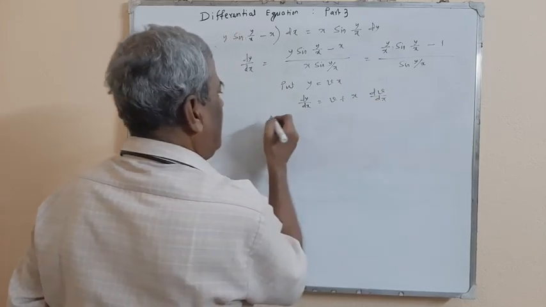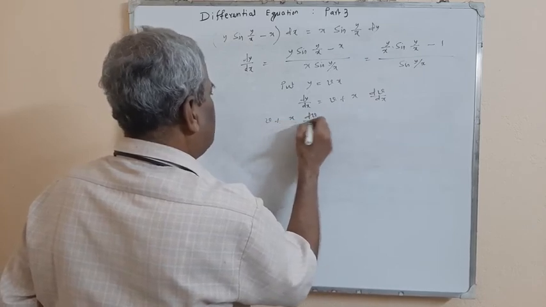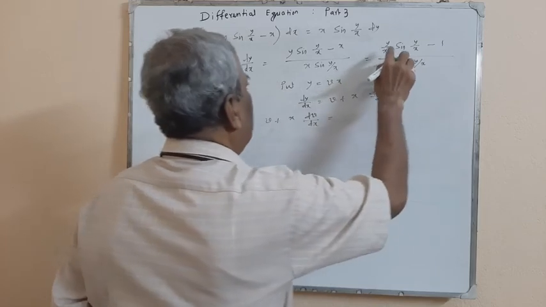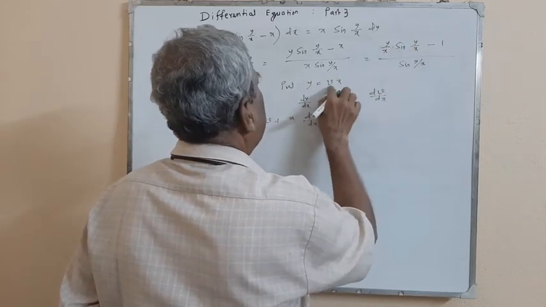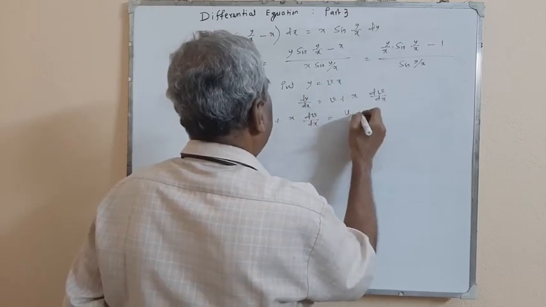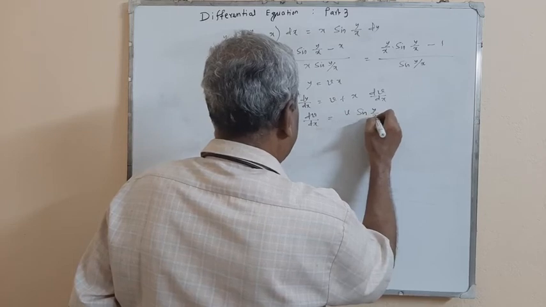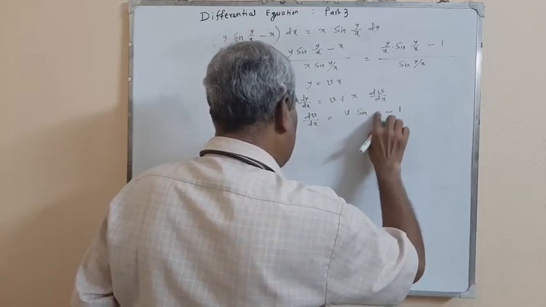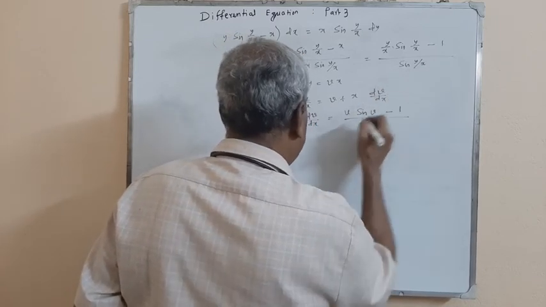Now put it there: v plus x dv by dx is equal to y by x, which is nothing but v, sine of y by x minus 1, sine y by x means v by sine v.